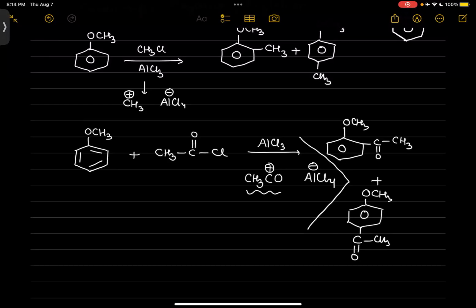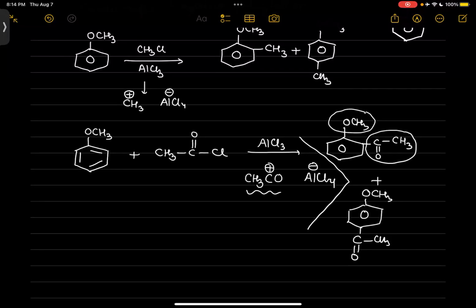So I hope it is clear to all of you now. Let's talk about another reaction, but this group is a very big group. If it is a very large group, it will be more difficult for it to get attached at the ortho position, because ortho, being adjacent to the main group, is sterically hindered, which means it is crowded.